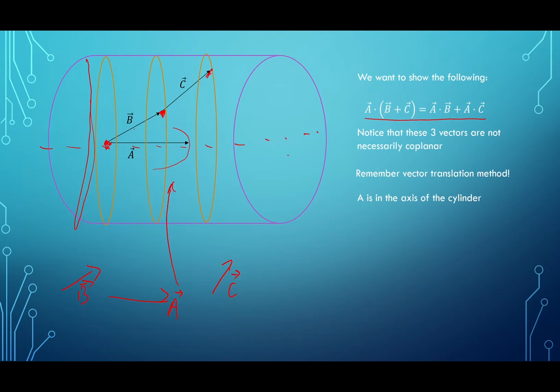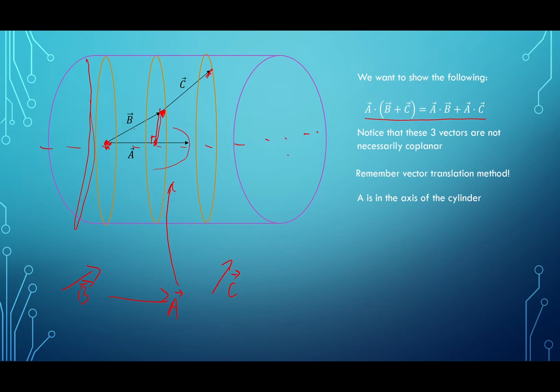Then what we need to consider next is just looking at the geometry. If we have A as our axis, what happens if we draw a line from here to here? This will be perpendicular, right?